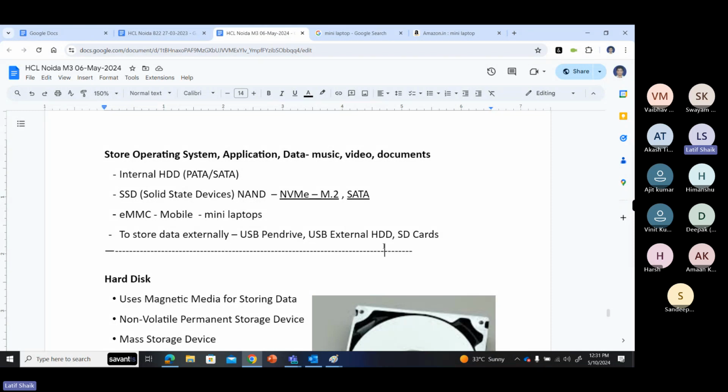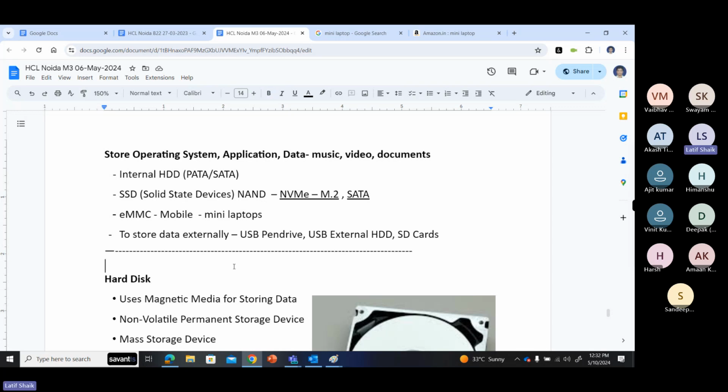If you want to transfer the data to another mobile, you can just remove and reinsert that SD card. You back up all your data from your mobile to the SD card, and from the SD card to another mobile you can easily transfer. USB drives, you know already, your pendrive, you can connect and store data in it. External hard disk is also there for a huge amount of data storage.